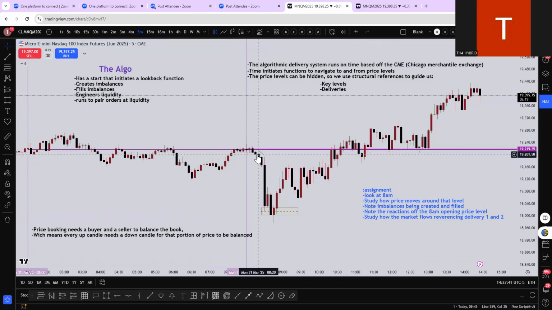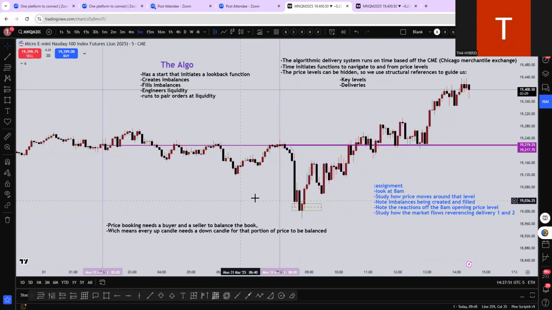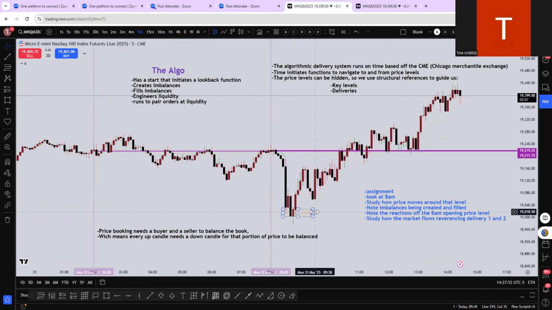All of that will start to train your eye to see how the market's moving based off of this understanding. When somebody looks at the market for the first time and sees all this randomness, that's where confusion and doubt come in.